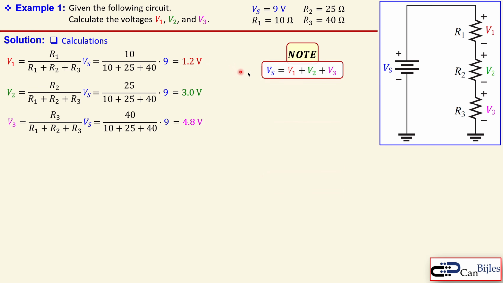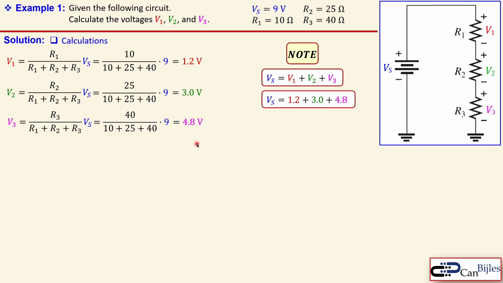The source voltage Vs is the summation of V1, V2 and V3, which is logical because Vs is divided into three parts: 1.2, 3 volts and 4.8 volts. Add them up, and you will get indeed 9 volts. So this is a verification for our calculations.